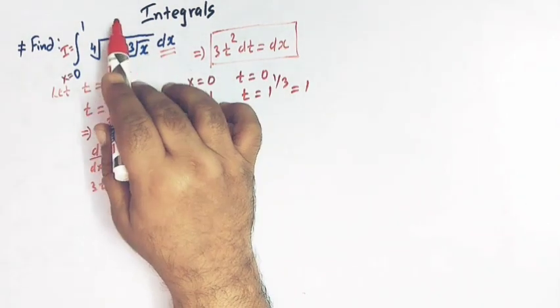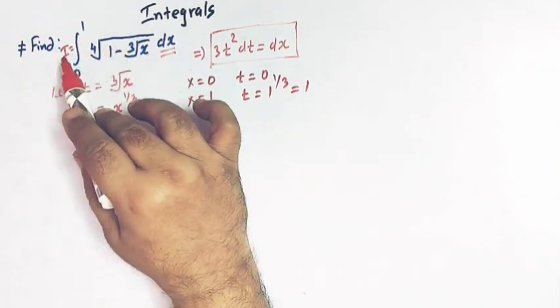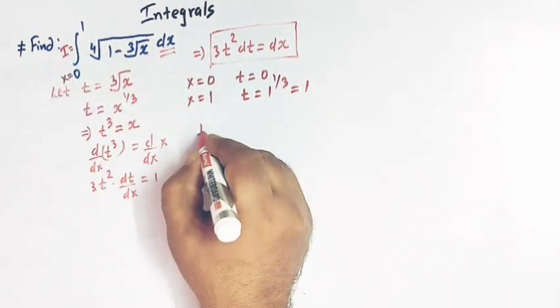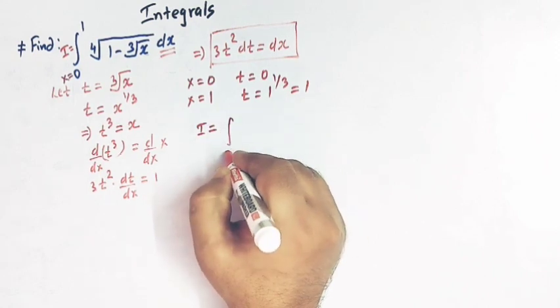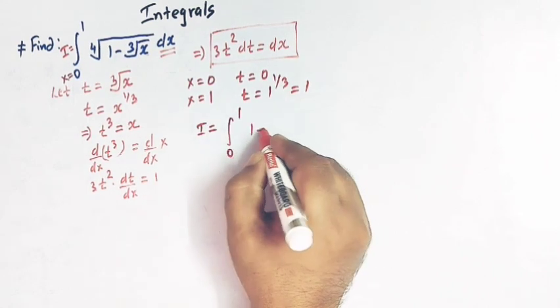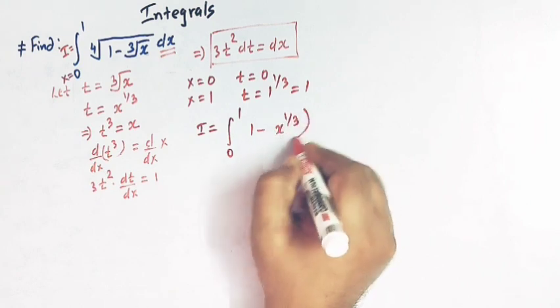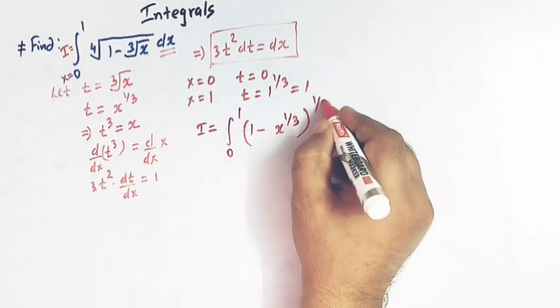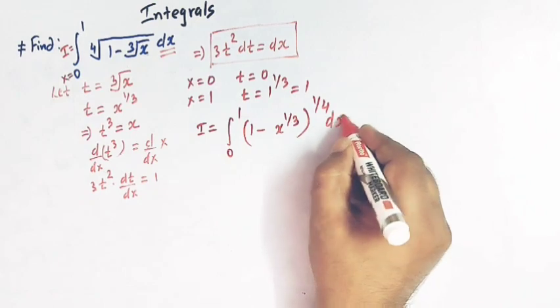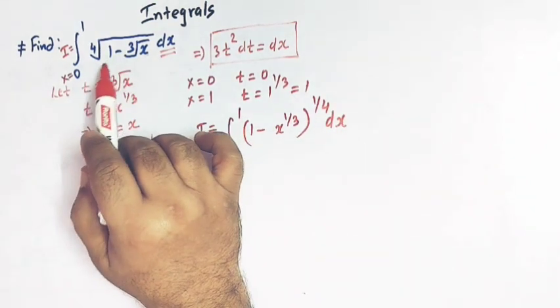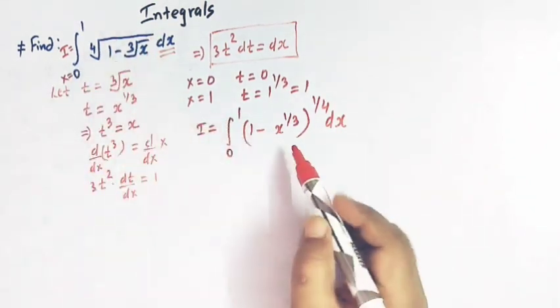So now we can rewrite this integral I as the integral from 0 to 1 of (1 minus x raised to 1 over 3) raised to 1 over 4 dx.